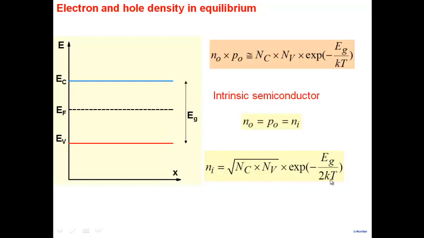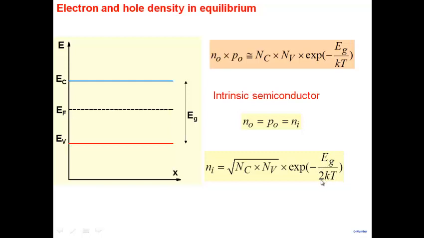NC also depends on temperature, but much more weakly, and it's under a square root, while this one is an exponential. So Ni increases exponentially with temperature T, and the proportionality constant is Eg by 2k.